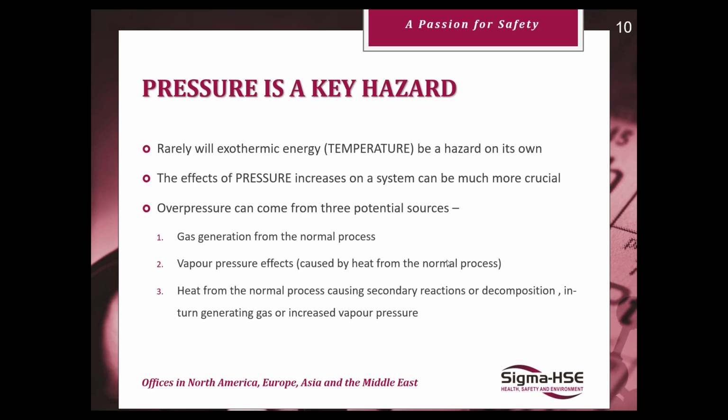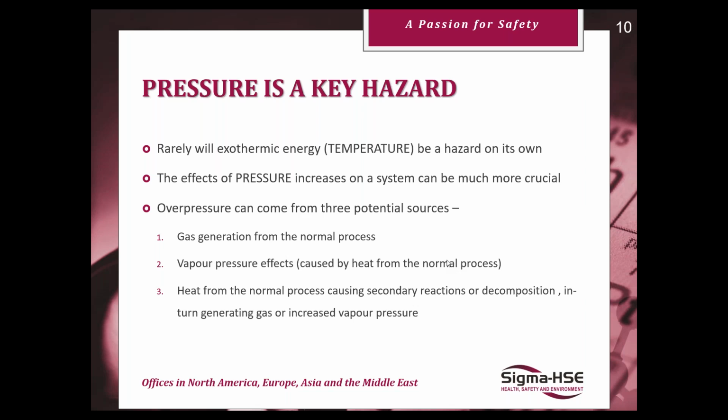Again, that can be from the normal desired process. If we're increasing the reactor temperature, you're going to have an increase in vapor pressure as well. This is less of a hazard because if your reactor returns to standard temperatures and pressures, the vapor is just going to condense again, and that pressure issue is nullified at that point.